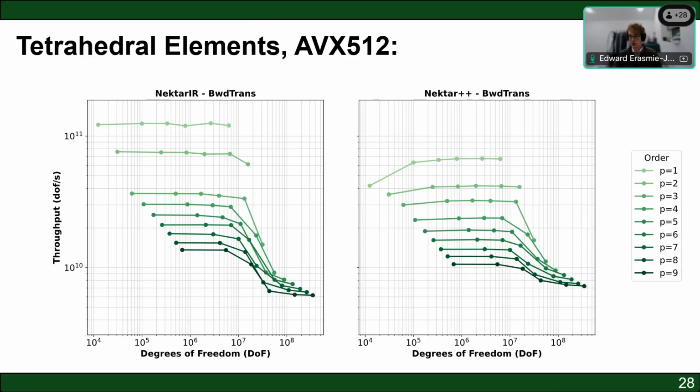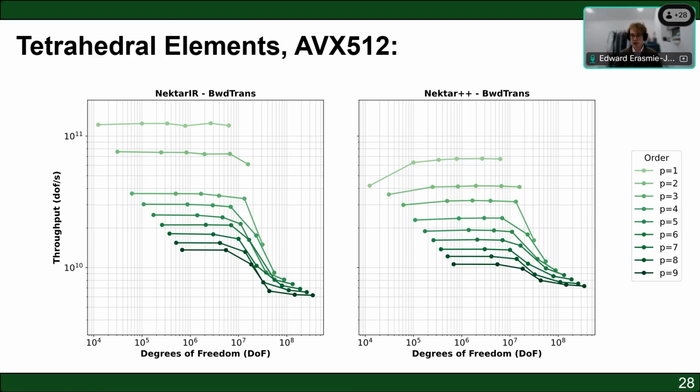What we can immediately see is for low to about 4 or 5-ish polynomial order, maybe even 6, there are significant advantages in terms of throughput for the NektarIR codegen kernel. But as the problem size increases in this region down here, we see slightly worse performance and a bit of a drop-off compared to Nektar.